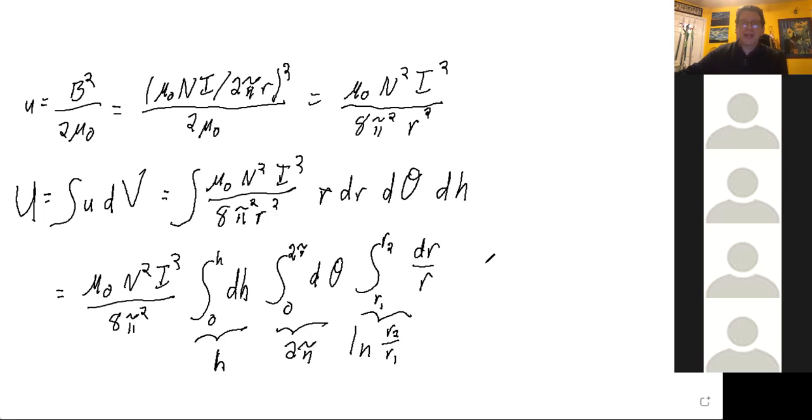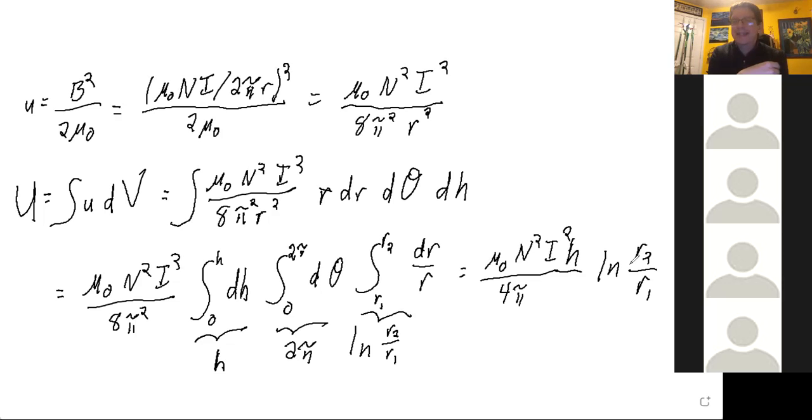So you plug those in. And so you have mu naught n squared I squared. You have 2 pi divided by 8 pi squared. So that just leaves 4 pi in the denominator. The h you can leave up in the numerator. And then you're multiplying by the natural log of r2 over r1.